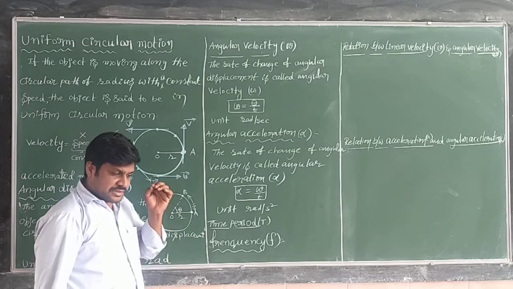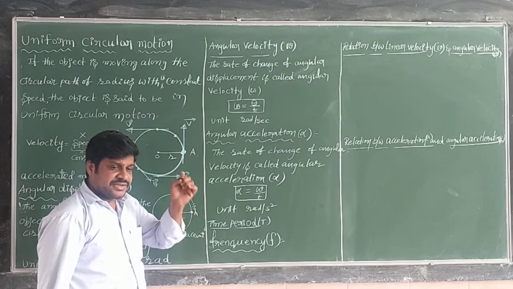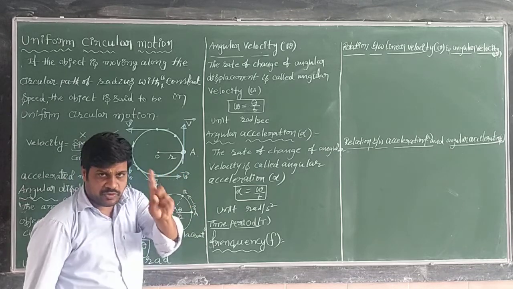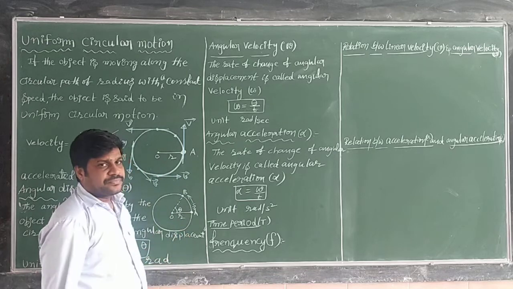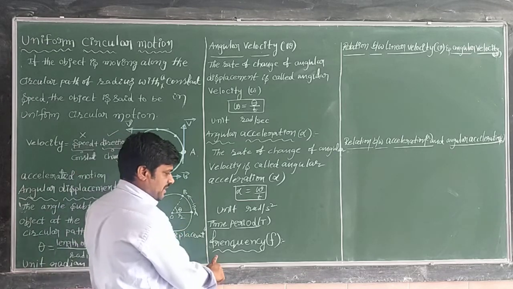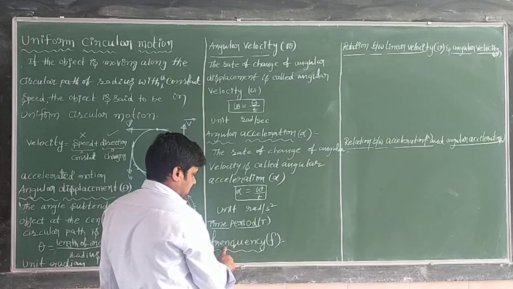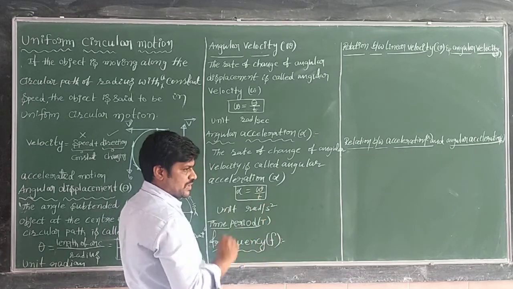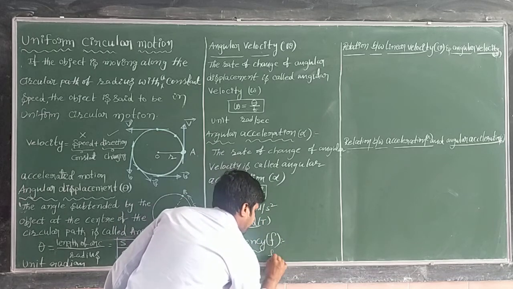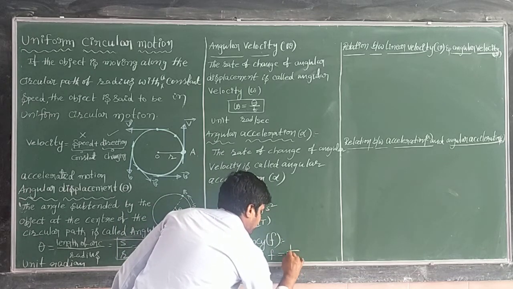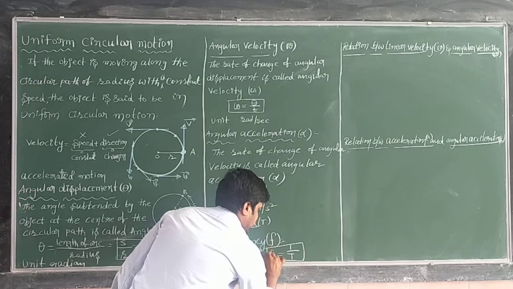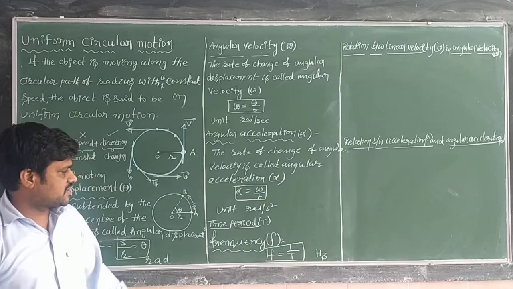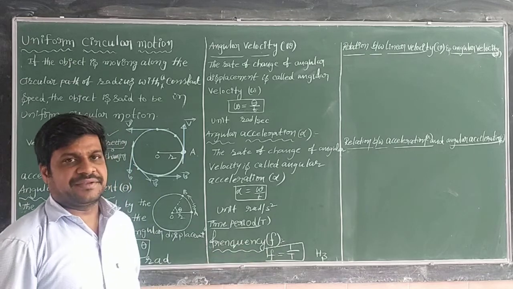That means the number of revolutions made by the object in 1 second is called frequency. So frequency f equals 1 divided by T. Its unit is hertz.